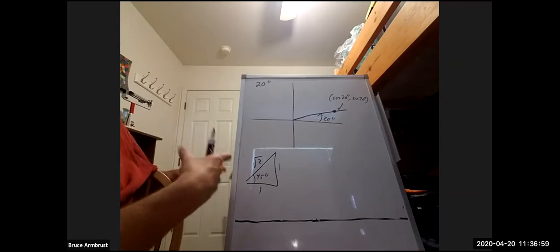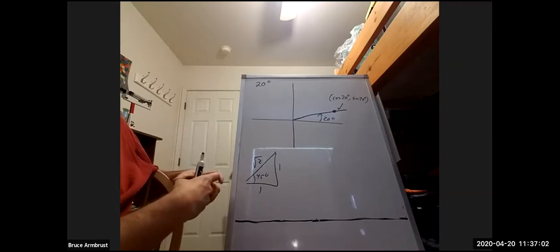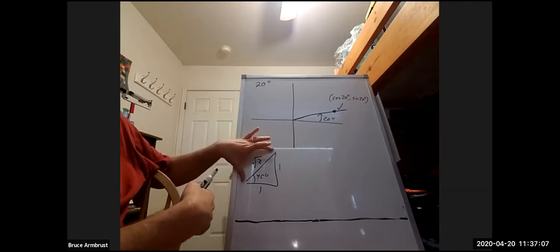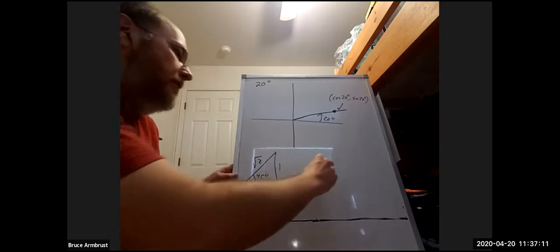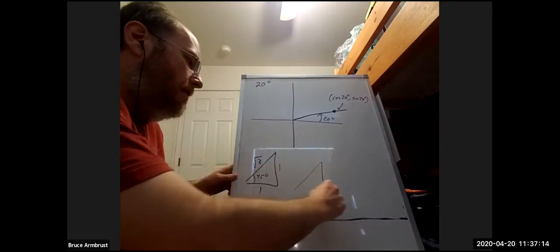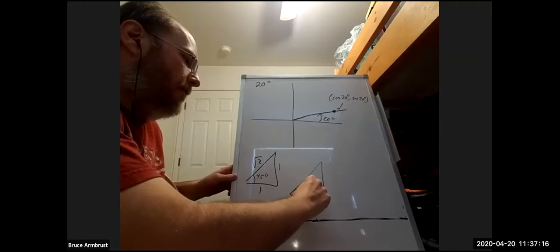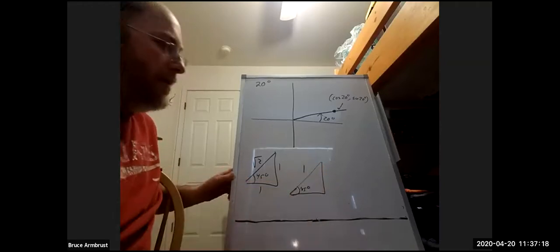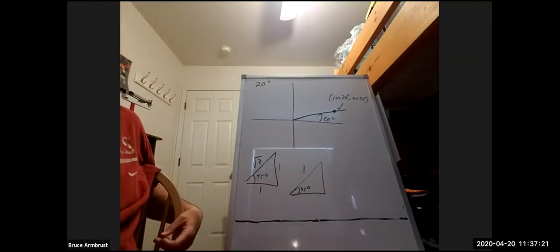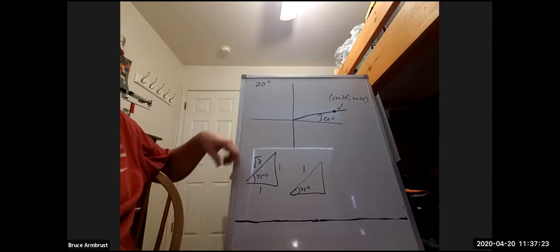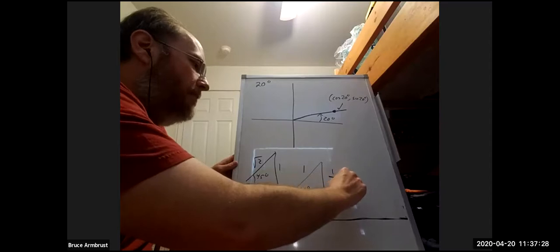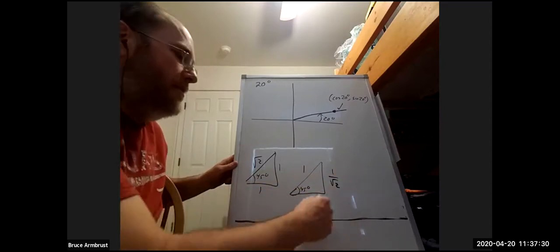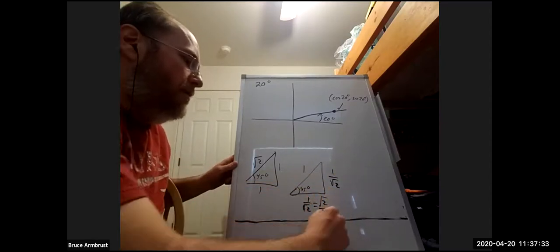If you think about the unit circle, remember that means that the radius of the circle is 1, and the radius of the circle is the same as the length of the hypotenuse. So this one's actually not on the unit circle. If we were on the unit circle with our 45 degrees, then the hypotenuse length would be 1. And if you scale this down, you divide by root 2, you get that these other sides have to be 1 over root 2, which is the same as root 2 over 2.